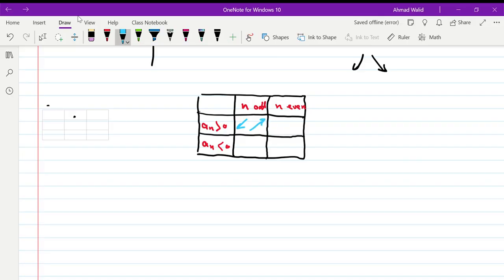Left down, right up. Here, both of them up. A sub n less than 0, left up, right down. Here, both down, left down, right down. That's all four cases in one table.